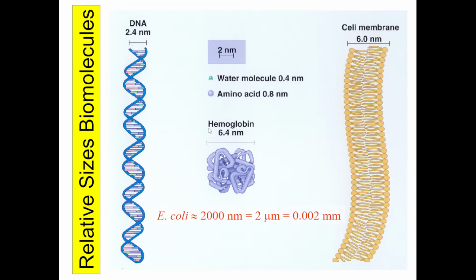Hemoglobin is not a too big protein, but the proteins working with DNA and RNA sometimes have much more molecular weight than hemoglobin. Comparison with a water molecule, amino acids, and it is comparable with the thickness of cell membranes. It's an interesting fact.